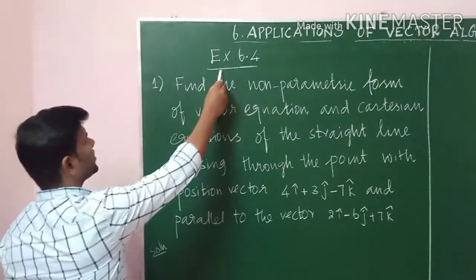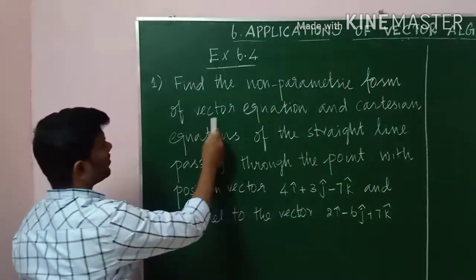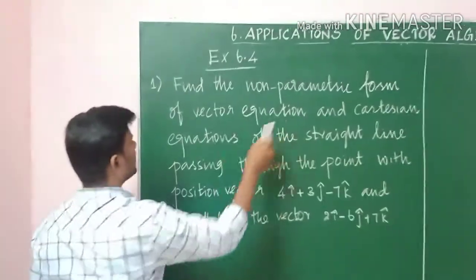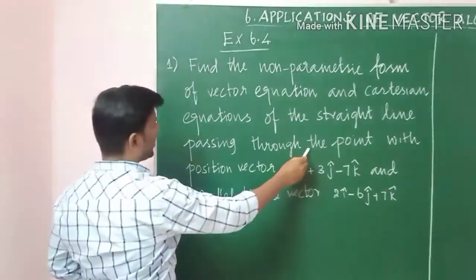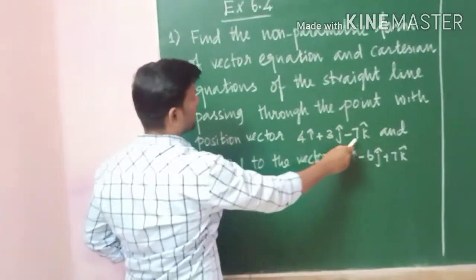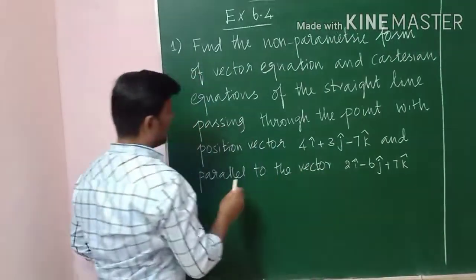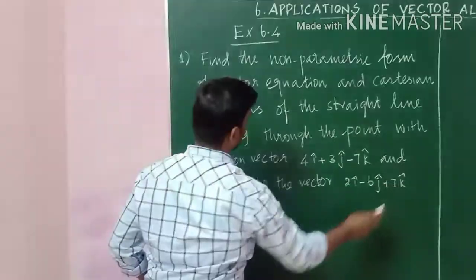Now exercise 6.4, first question. Find the non-parametric form of the vector equation and the Cartesian equation of the straight line passing through the point with position vector 4i cap plus 3j cap minus 7k cap and parallel to the vector 2i cap minus 6j cap plus 7k cap.